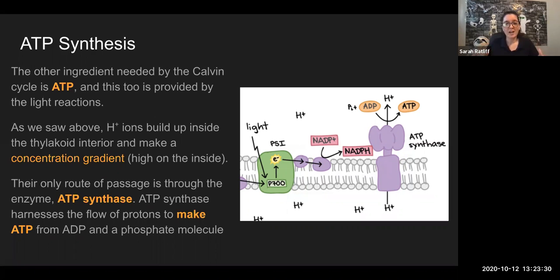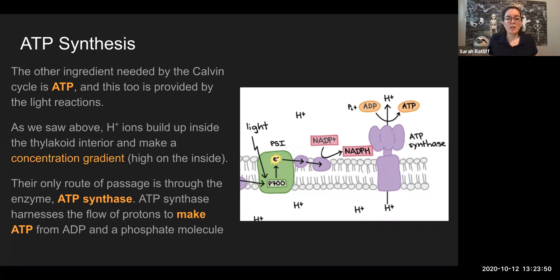And their only way out right now is through a new enzyme called ATP synthase. Enzymes are often named after the jobs that they do, so this one kind of gives it away. It's synthesizing, it's creating: synthase, ATP, right there in the name.